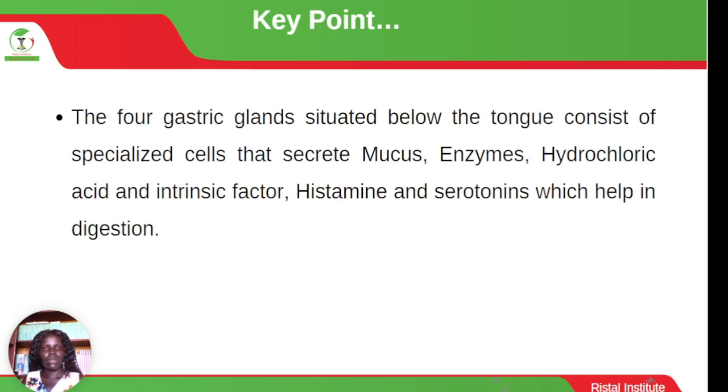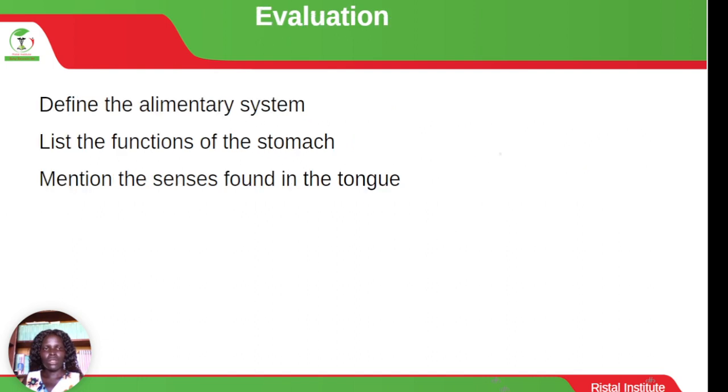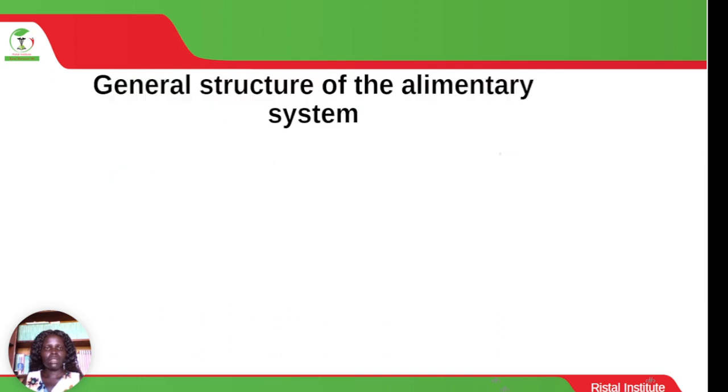The gastric glands consist of specialized cells that secrete mucus, enzyme, hydrochloric acid, intrinsic factor, histamine, and serotonin, which help in digestion. So, evaluation: define the alimentary system, list the functions of the stomach, mention the senses found in the tongue. So that is all about that.